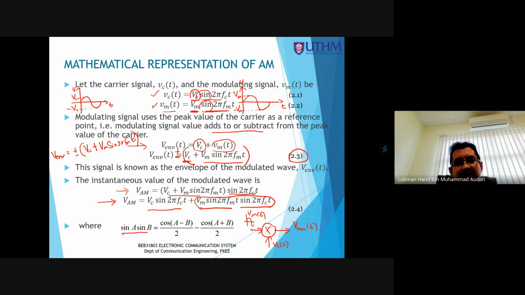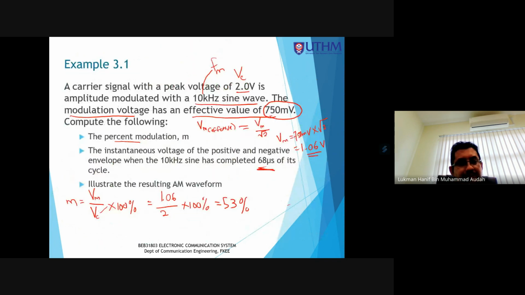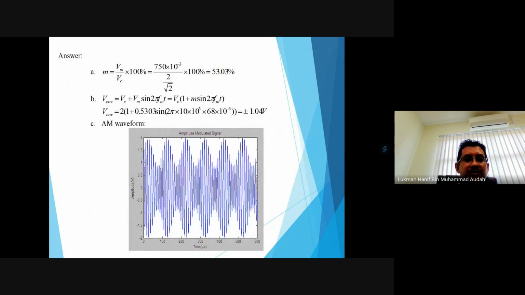If we go back to the slide, you see that the envelope is equal to VC plus VM sine 2 pi FMT, and there is a positive and negative over here.